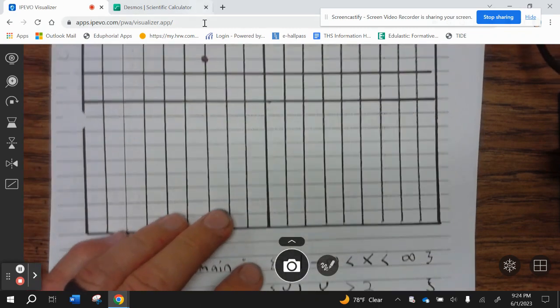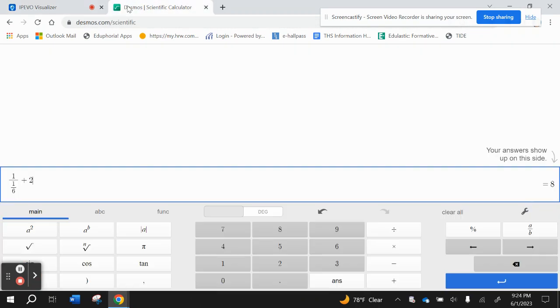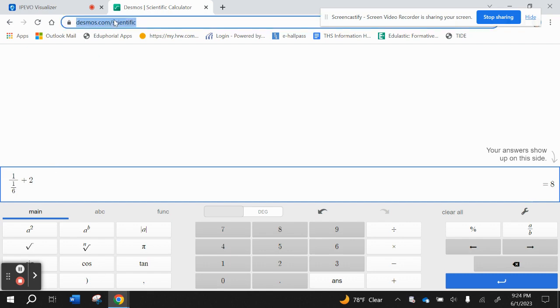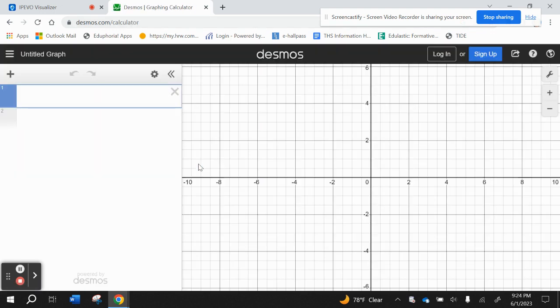All right, and this concerns me, that the points are stacked on top of each other. So let's double check with Desmos. So 1 divided by 6 to the parentheses x plus 3 plus 2.